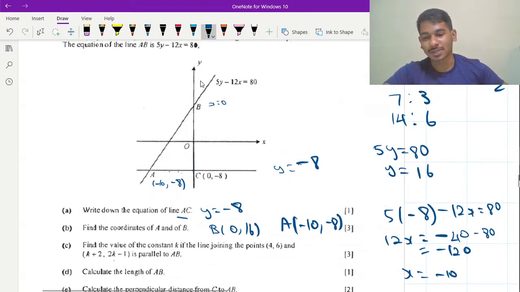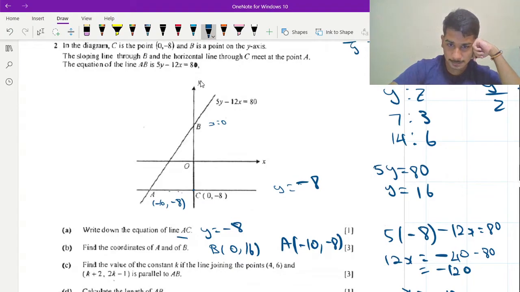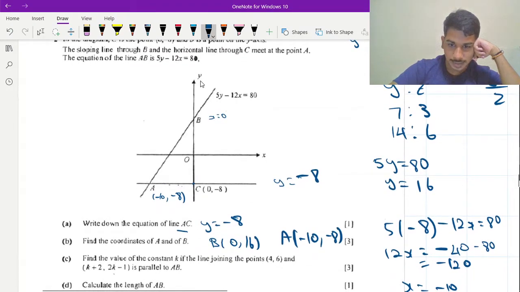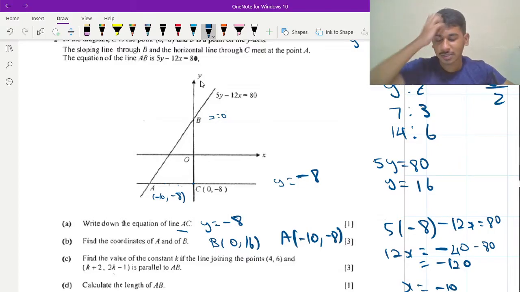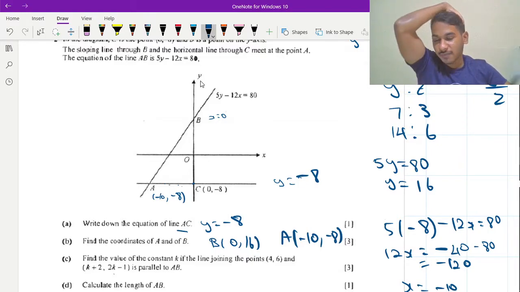Find the value of the constant k, with the line joining the points (4, 6) and... that is parallel to AB. If it's parallel, it means the gradient is the same, because the rise over run is the same for parallel lines. So we can find the gradient from there. What else do we need?